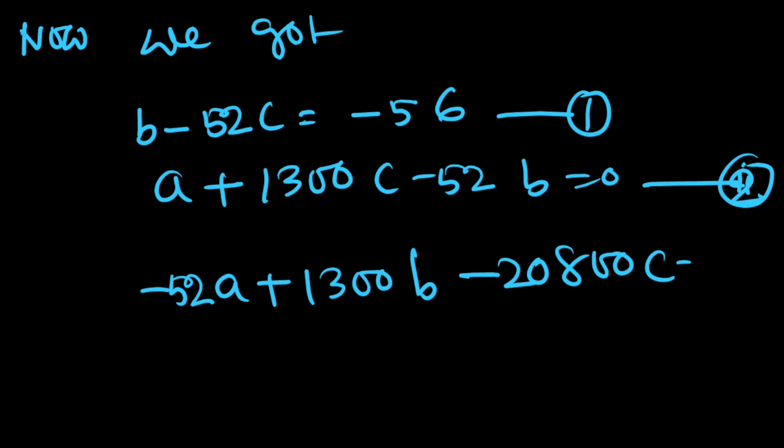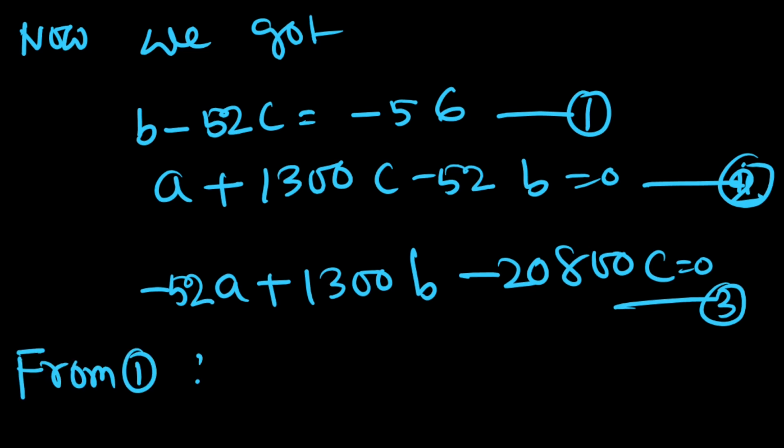Now the question is how to solve these three equations. See the process. First, from equation 1 we write b in terms of c and put it in equation 2, then we get a in terms of c, then put the values of a and b in equation 3, and then we find the value of c.